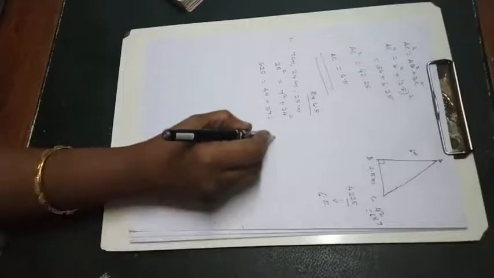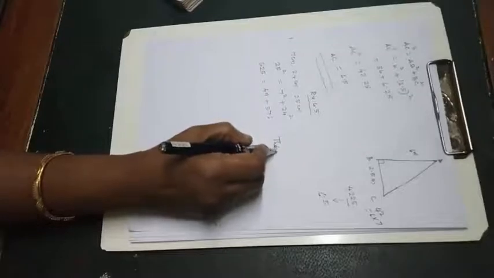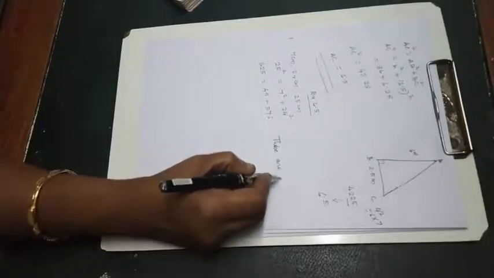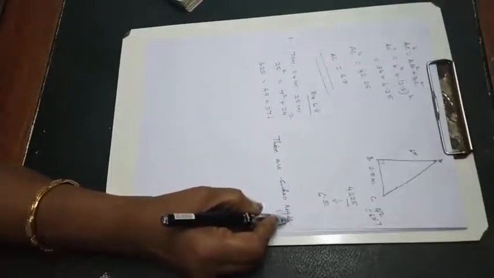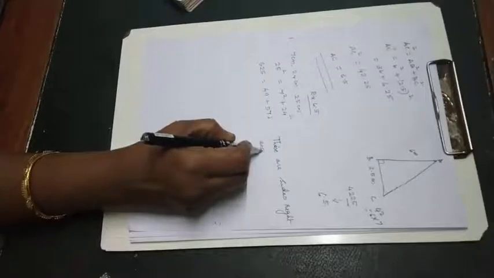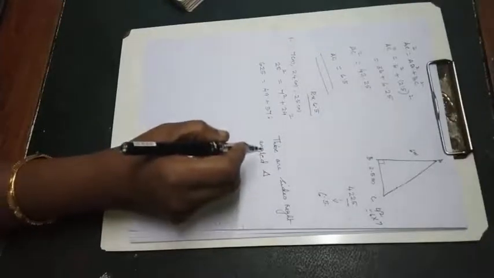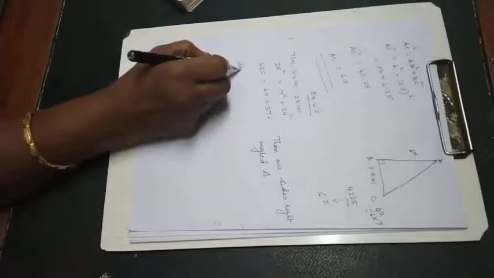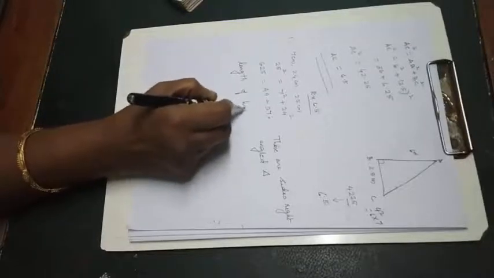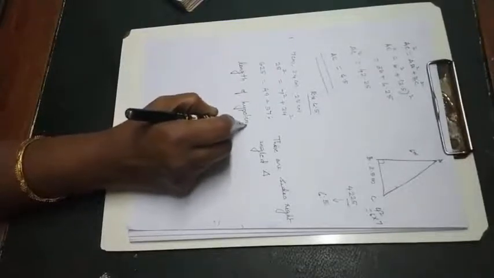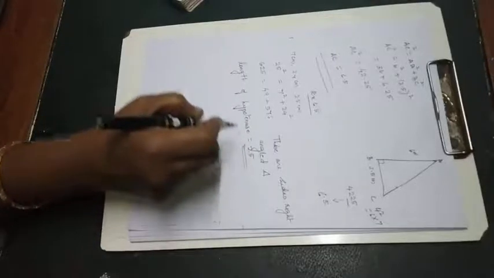So these are the sides of right angle triangle. Now, which is the hypotenuse? Length of hypotenuse will be equal to the largest side, that is equal to 25.